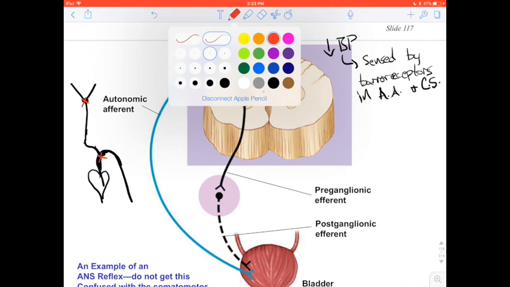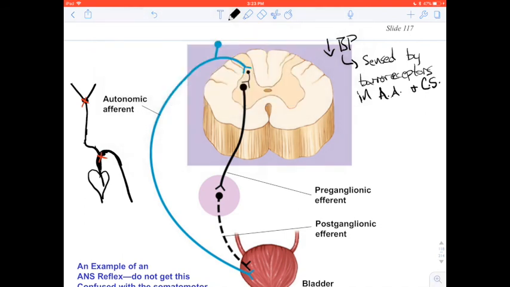So from the aortic arch, it's going to go up the afferent vagus nerve, or afferent cranial nerve 10. Right, from the carotid sinus, it's going to go up the afferent glossopharyngeal, or the afferent cranial nerve 9.